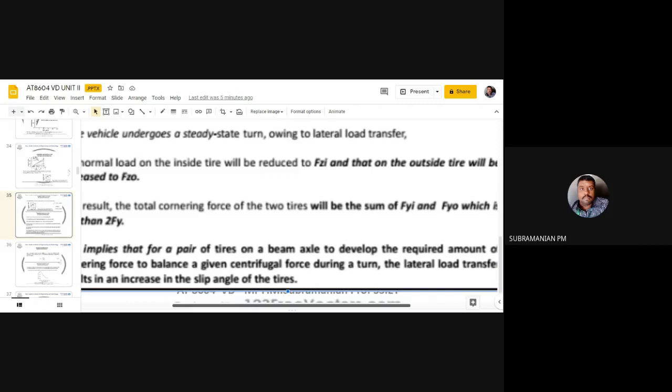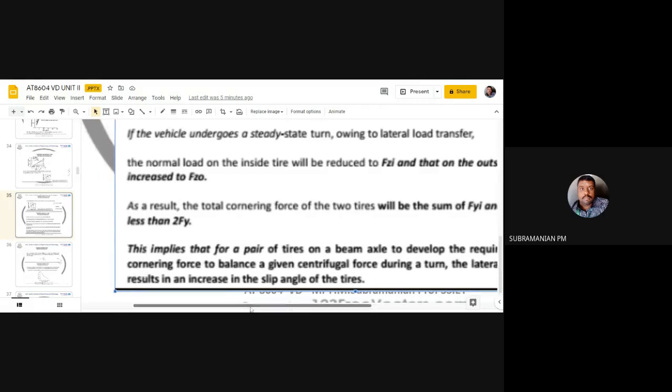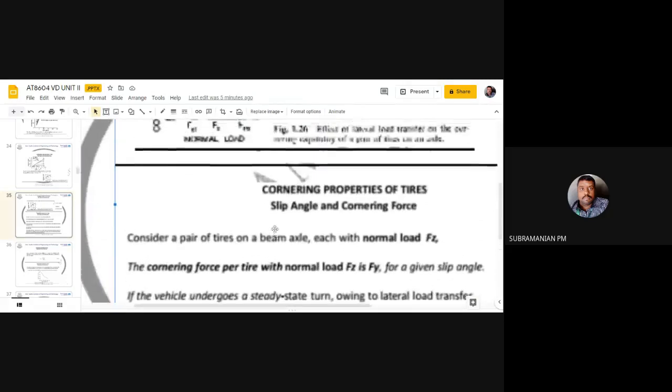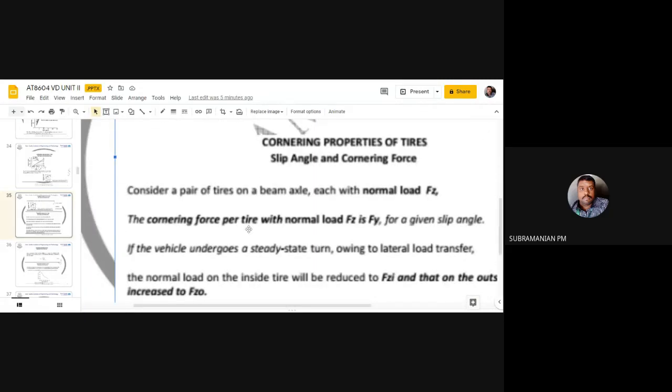Since at one end it is decreasing and at the other it is increasing, when I add, it should be the same as the previous condition, but it's not happening. So when I take a turn, the cornering force I get for two tires will be less than that of the two tires traveling straight ahead. So that is the conclusion.